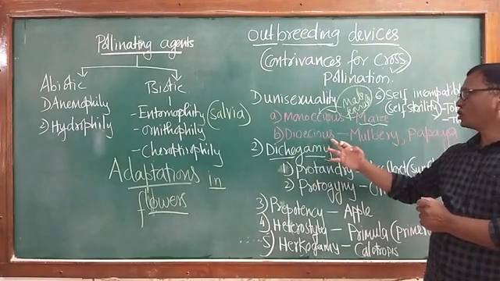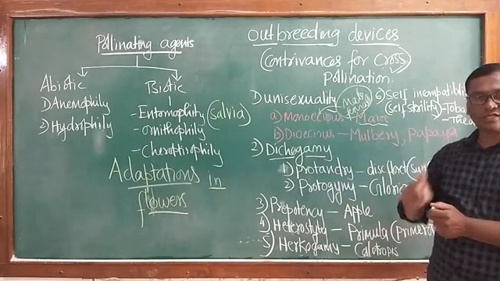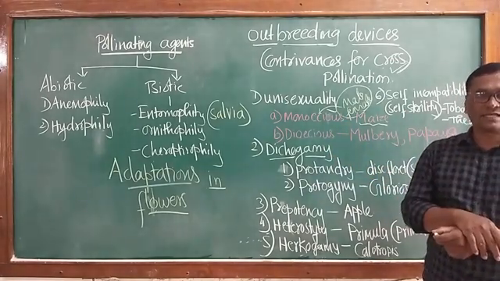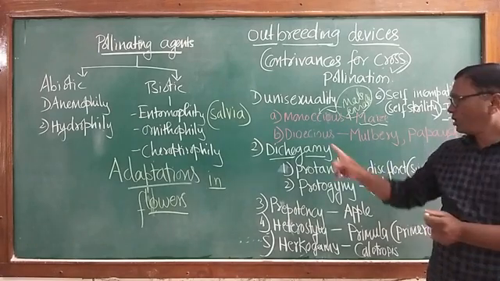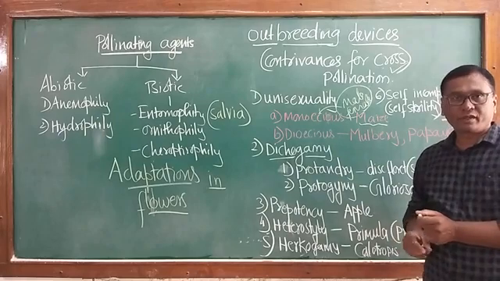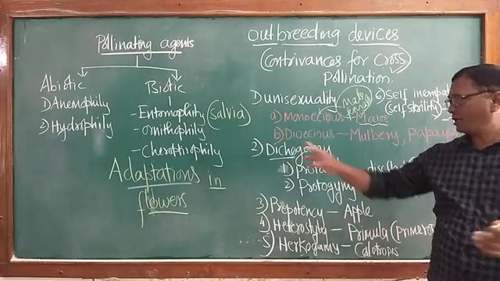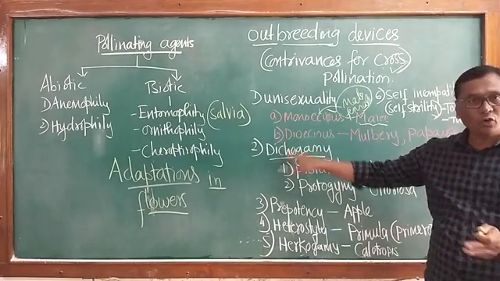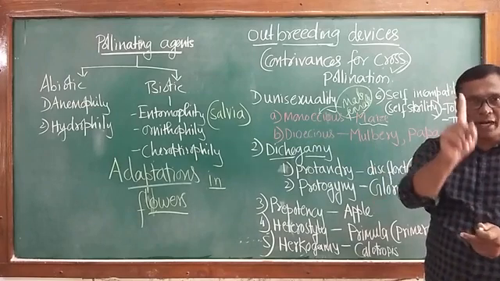Second is the dioecious plant. Remember, the words monoecious and dioecious are strictly with reference to the plant, not the flower. Dioecious plant means male plant separate, female plant separate. Di means two. What two? Plants two. Mono means one. What one? Plant one.